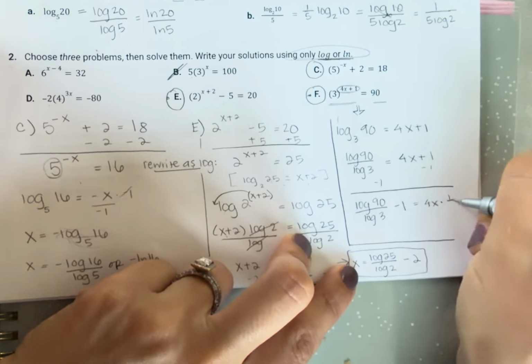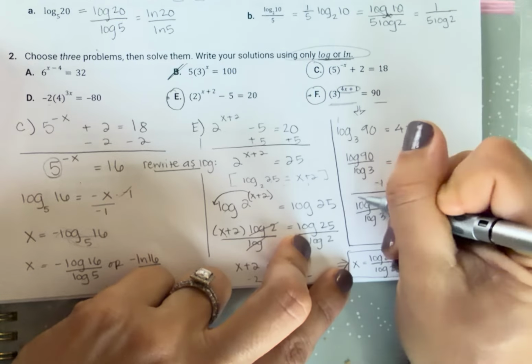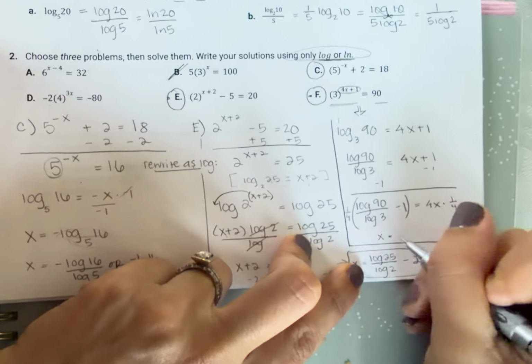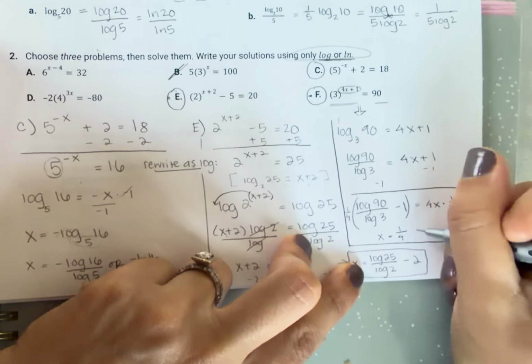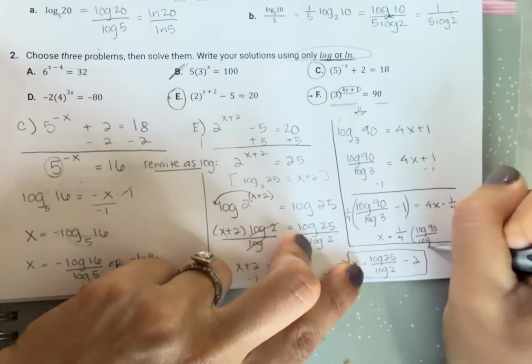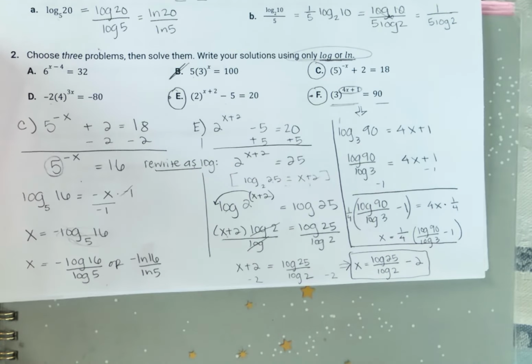I prefer what it looks like when you multiply by 1/4. So x equals 1/4 times log of 90 over log of 3 minus 1, and I would leave it like that.